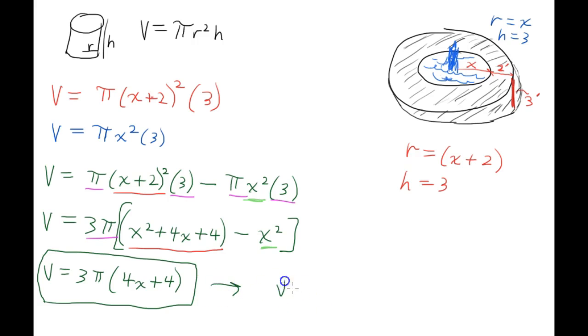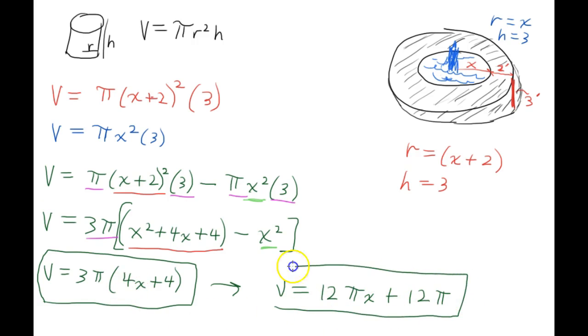You could say that the volume equals 3 times 4 is 12, so that's 12 pi x, and then 3 pi times 4 is 12, so 12 pi. I don't think the book, usually books like to leave it factored like that, but it depends on what the answer key writers were feeling like that day.